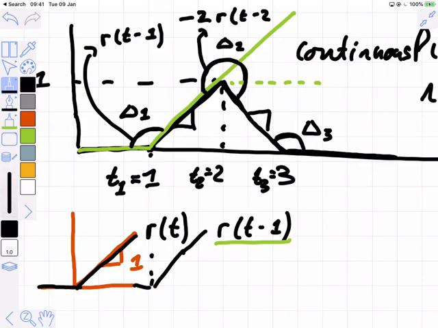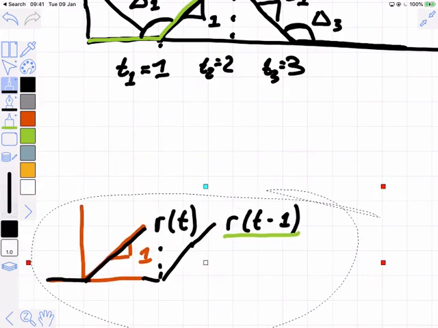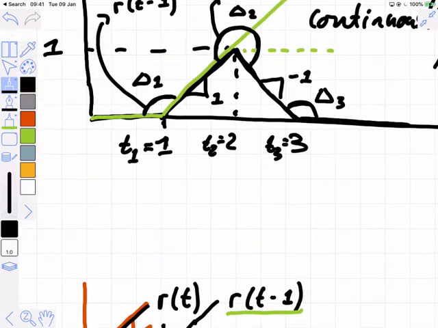Does everybody see why we have a 2-unit slope change going down? Okay, because let's just work this out. This slope here is 1. This slope is minus 1. If you really want to, I feel that it's a little bit too mechanical, but you can build up a little table of slopes, right?